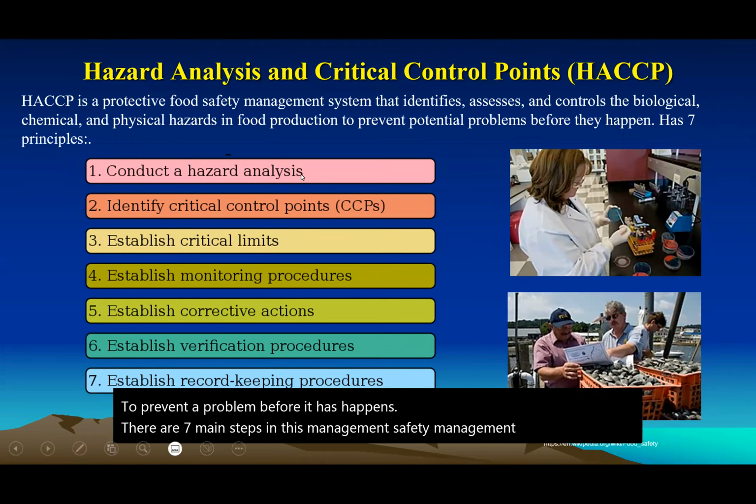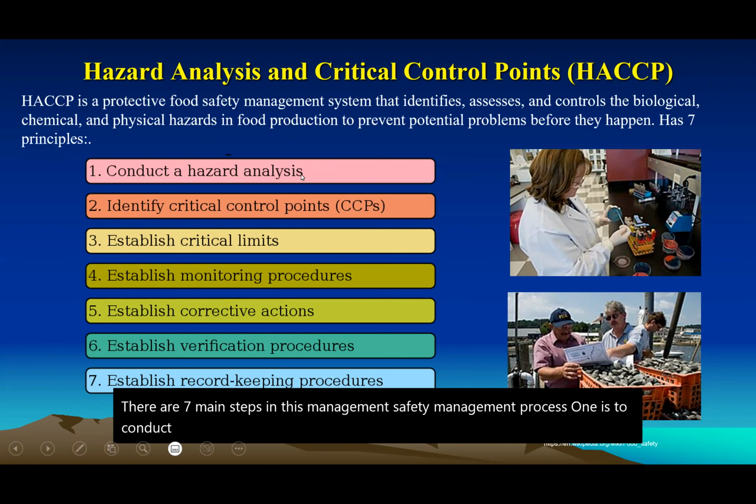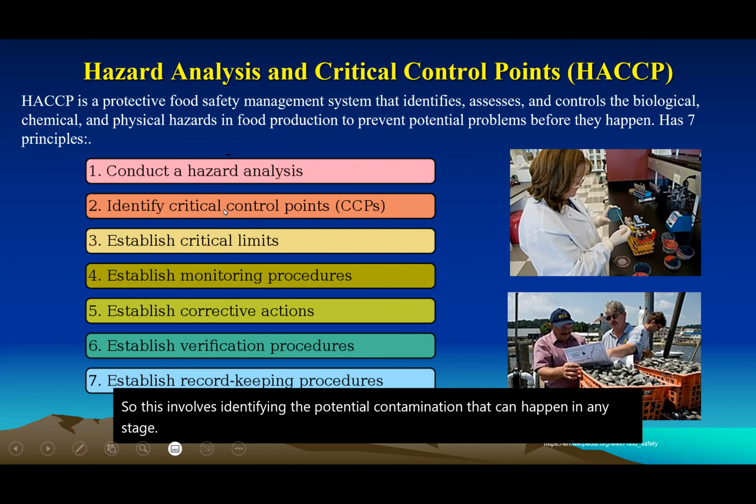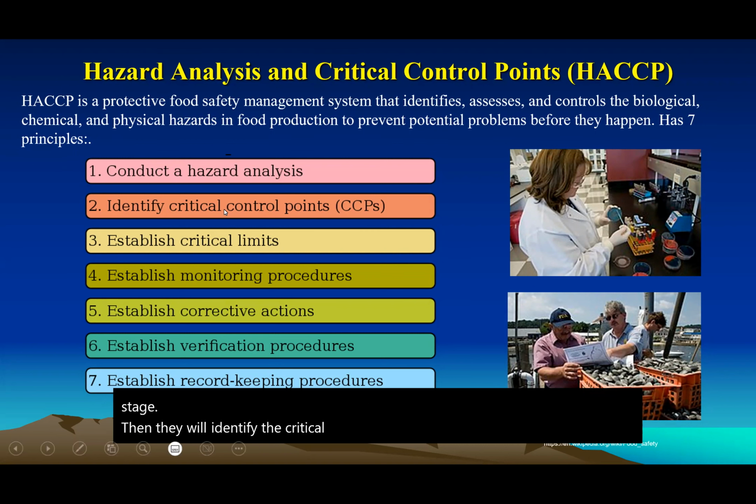One is to conduct hazard analysis. So this involves identifying the potential contamination that can happen in any stage. Then they will identify the critical control point.